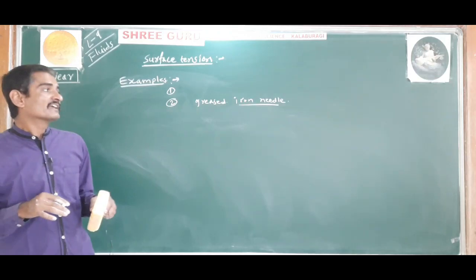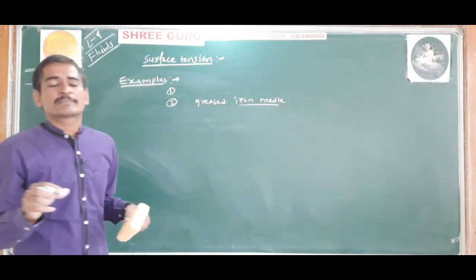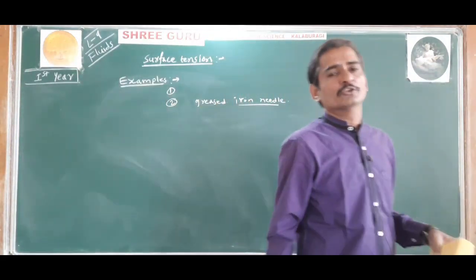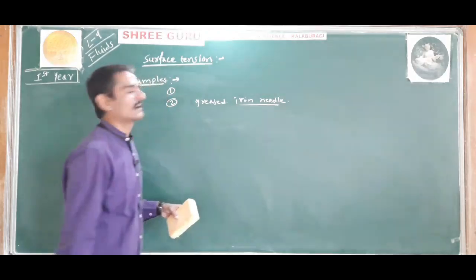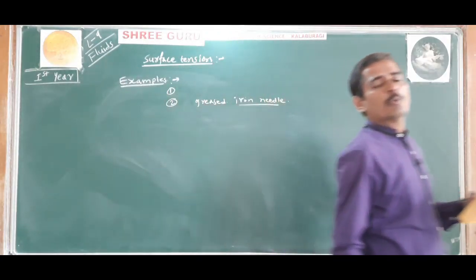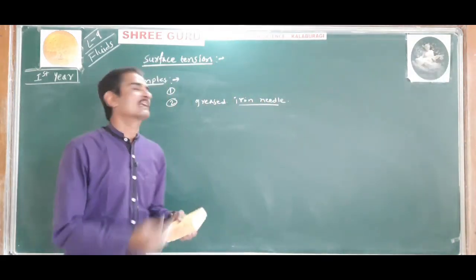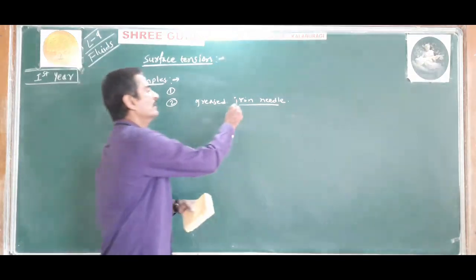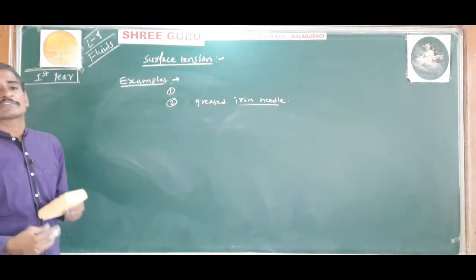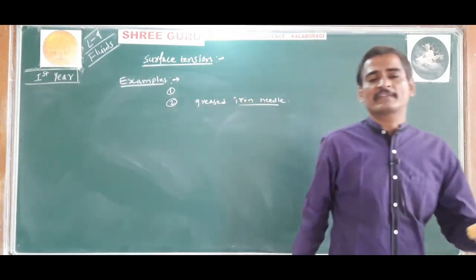Here, the greased iron needle floats when it is placed very gently without pricking the surface of water. This is because the surface tension of the water balances the weight of the iron needle. Even though the density of iron is greater than the density of water, the iron needle still floats on the water.